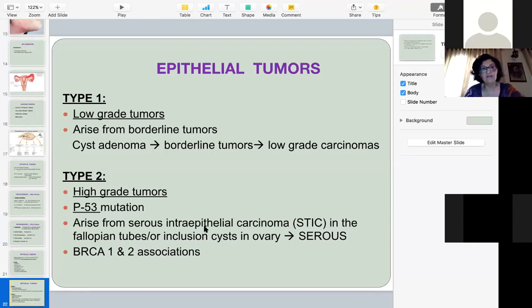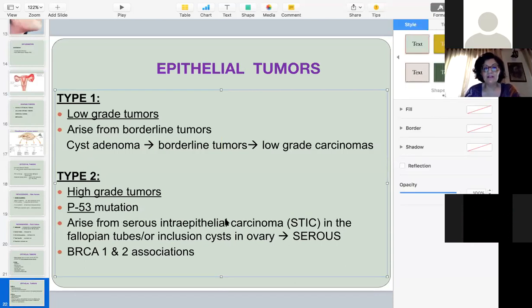They're not arising from the serous cystadenoma, they're arising from the P53 mutation of either the fallopian tube lining or the inclusion cyst in the ovary. And these tumors are typically associated with BRCA1 and BRCA2 mutations. We'll discuss this in a little more detail.